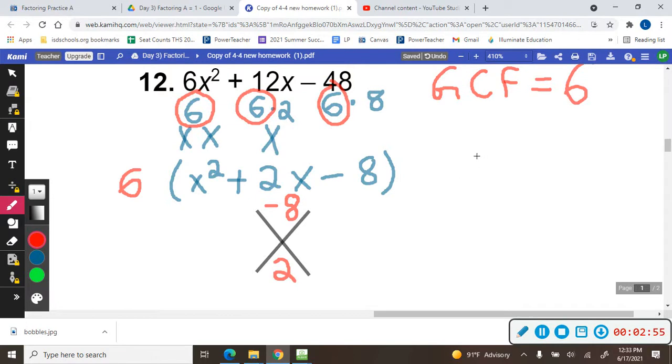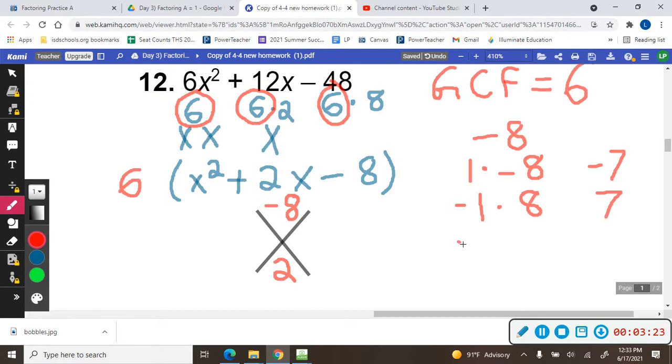And so when I'm playing around with negative 8, I say, okay, what about 1 times negative 8? You add those, you get negative 7. So I'm trying to get a positive number, so that tells me I need to switch the negative sign to the other number. So negative 1 times 8. You add those, you get positive 7.